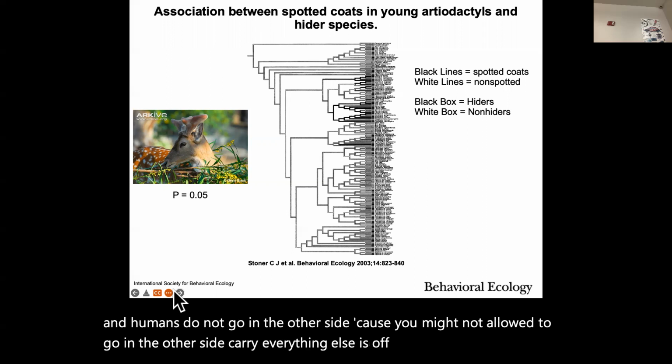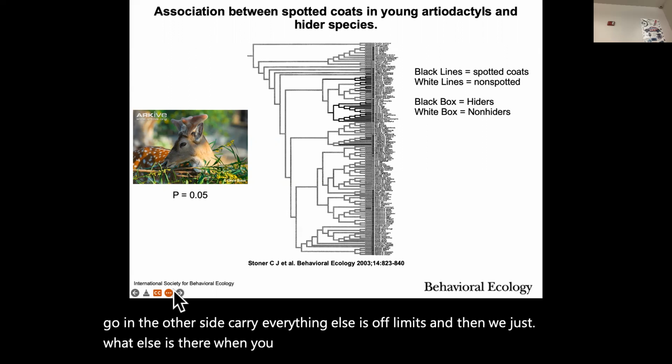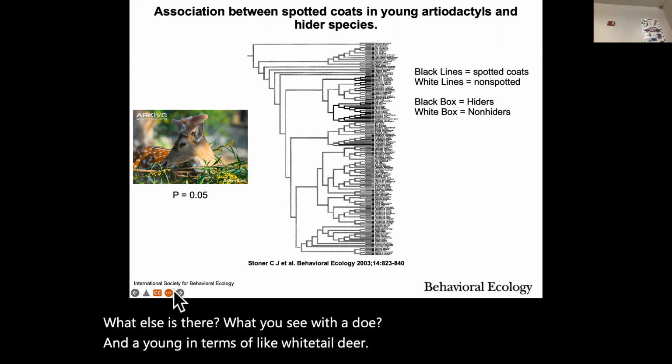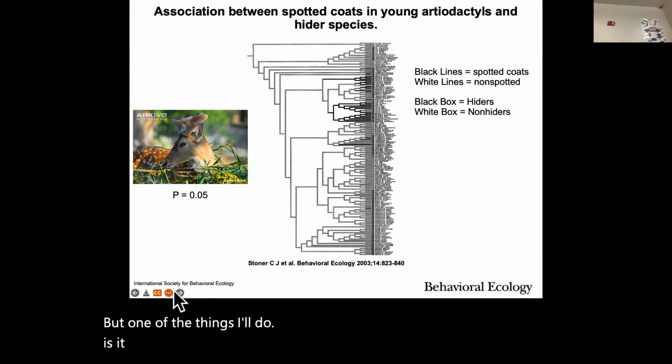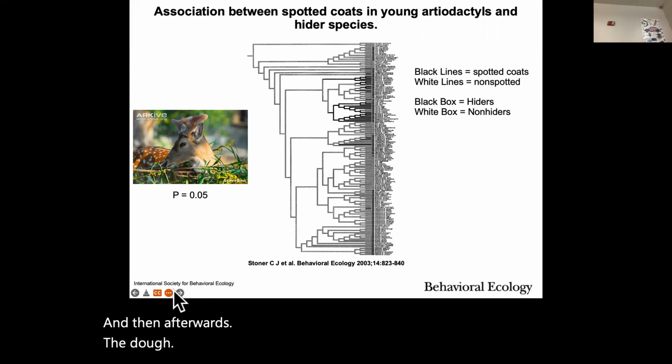Good observation. What else has anyone seen with a doe and a young in terms of white-tailed deer? Well, one of the things that will be cool is how a doe and a young will interact. Maybe the young will feed, and then afterwards, the doe has the young just sit down in a spot, and then she'll leave.